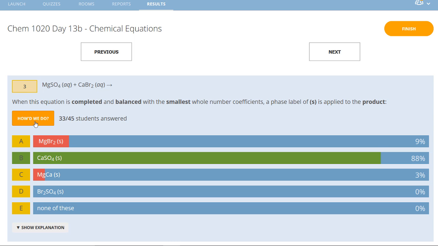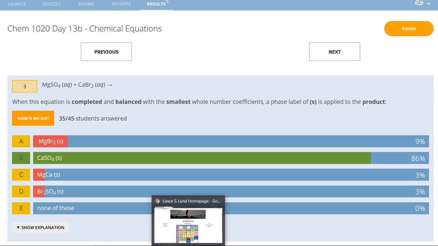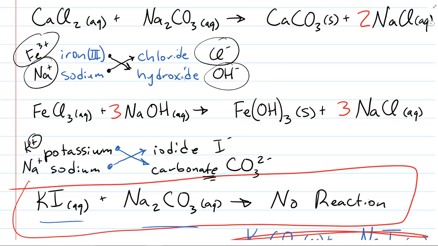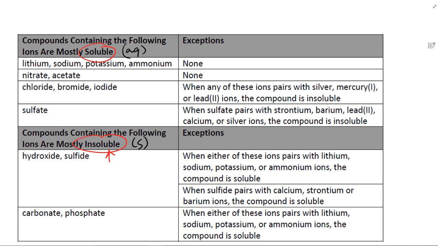Correct answer there. Very good. Calcium sulfate. And that's because if you had put in your correct products of CaSO4 and the other product of MgBr2, and then the phase labels, one of the problems that students will have with the sulfates is they see the sulfate under the category mostly soluble.